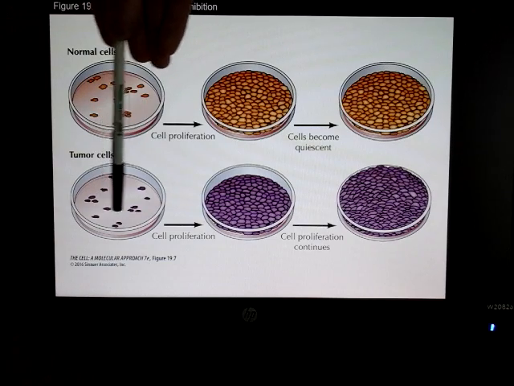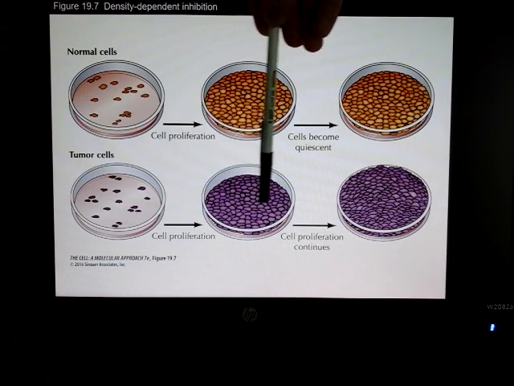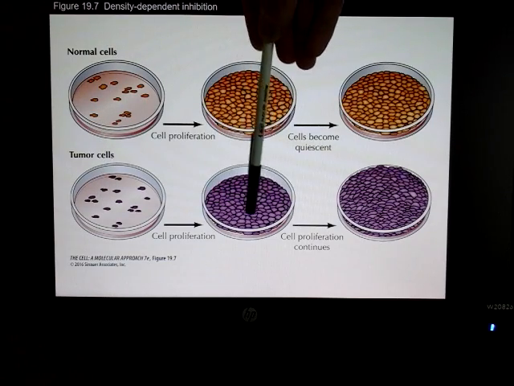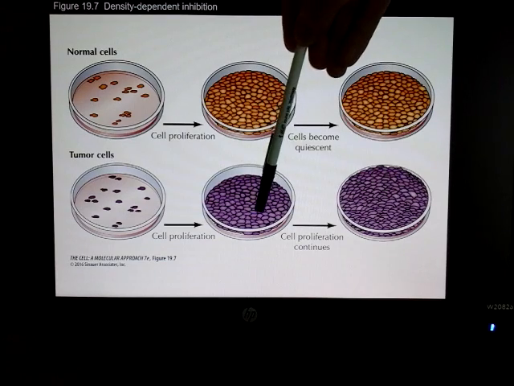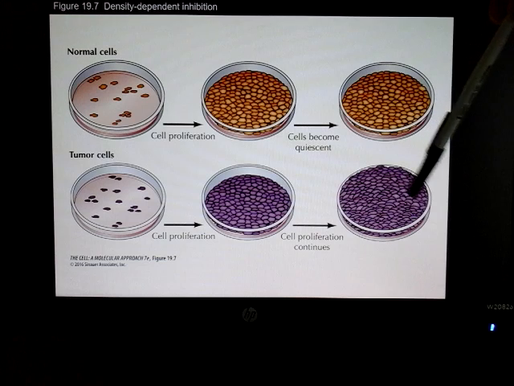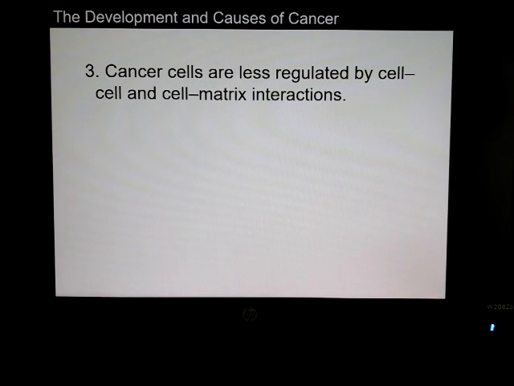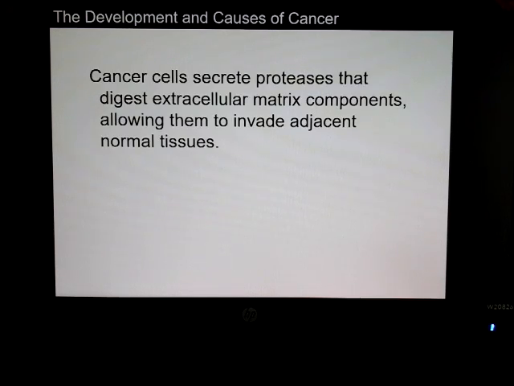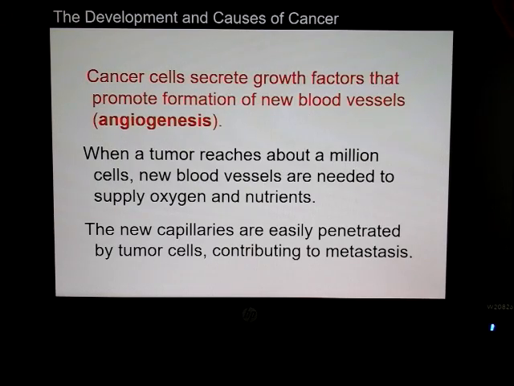Tumor cells, however, will start to proliferate in a monolayer, but if you look at this, they start to fill up the culture dish as proliferation continues. So they're less regulated by cell-to-cell and cell-matrix interactions. And they secrete these proteases, again, guys, that help them to invade.